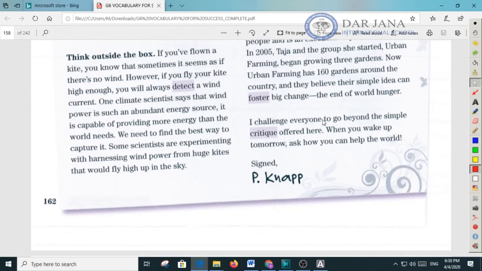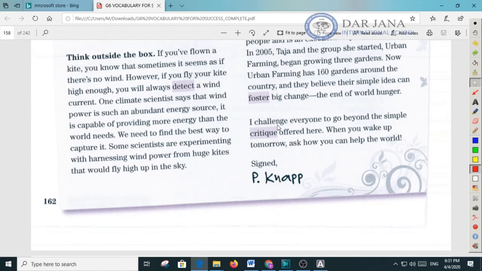I challenge everyone to go beyond the simple critique. Offer here. Now, what's the meaning of critique? I challenge everyone to go beyond the simple critique. Offer here. When you wake up tomorrow, ask how you can help the world. So, challenge.